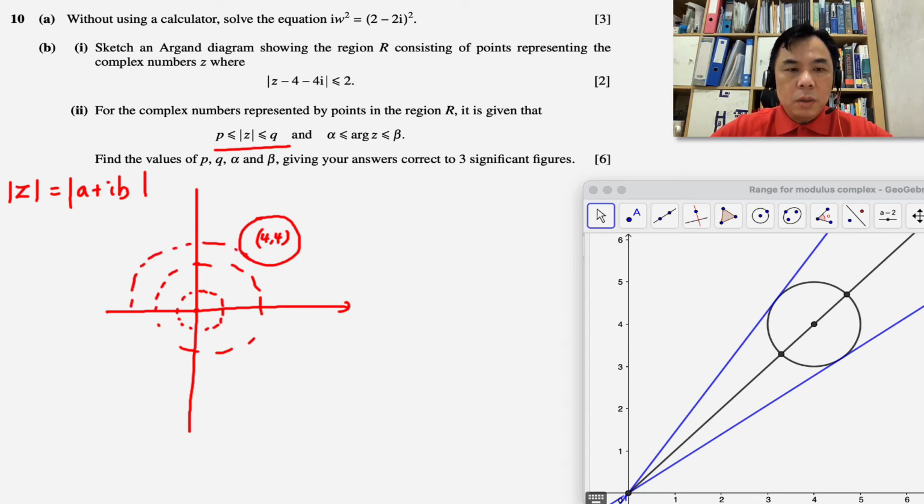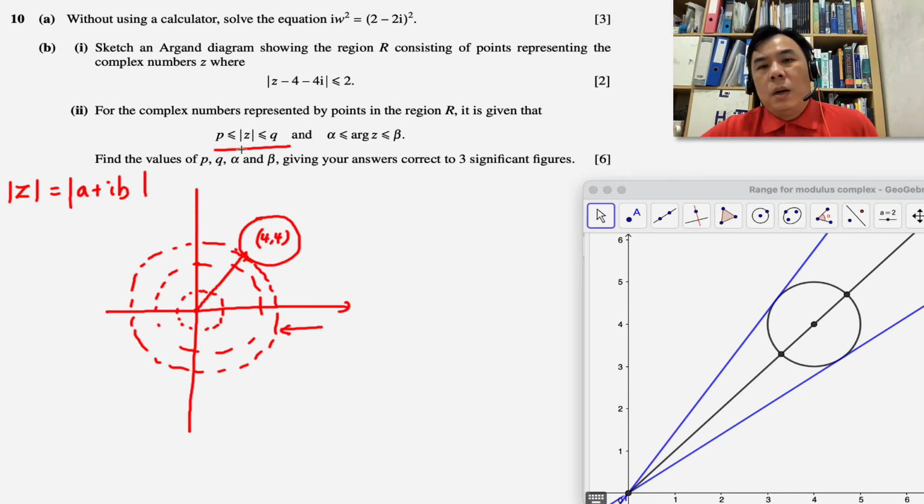If you are looking at the largest circle that you are looking at right now, this outline here, the distance from the origin until here is the value p. So that is the minimum value of the radius of this circle z, which is represented by p.